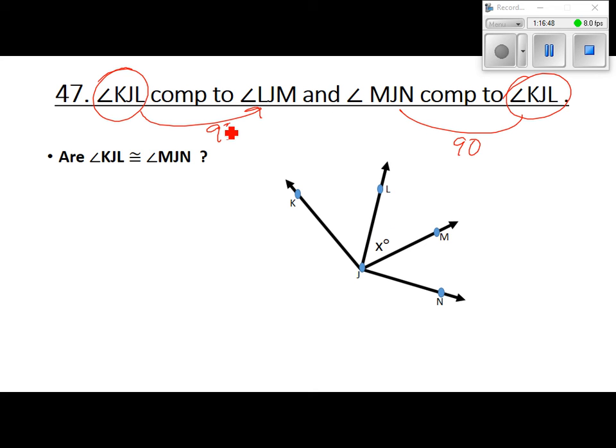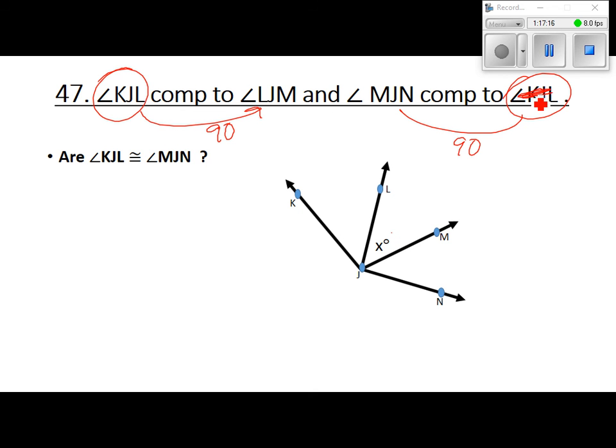If I tell you that angle LJM is X, I'll put that on there. Angle KJL and angle LJM are complementary. Angle MJN and LJ, I wrote this one wrong.